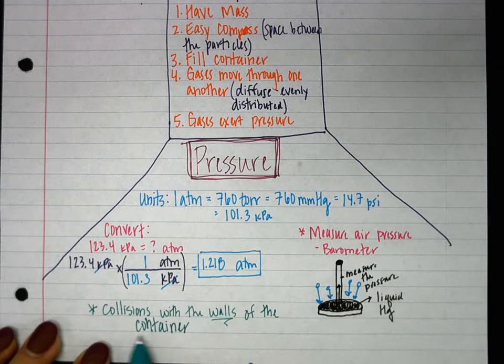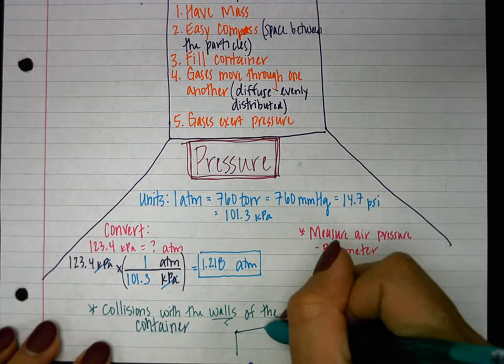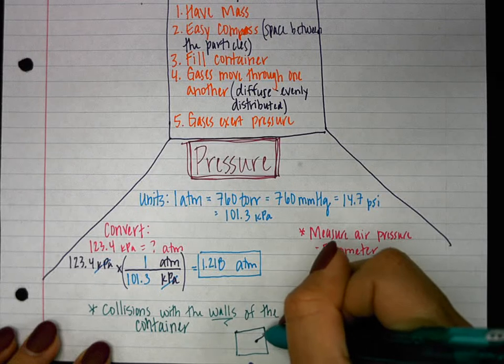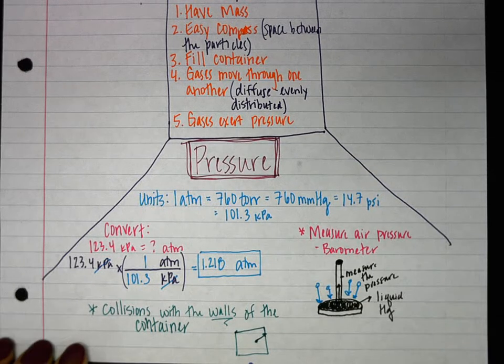Sorry, that looks like an H. The walls of the container. Okay, so every time they collide, that collision with the wall of their container creates pressure, a force per area.